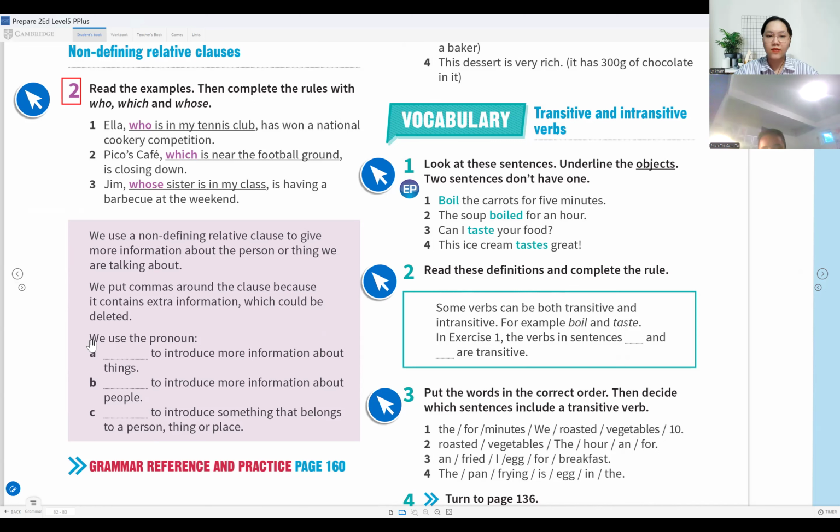We use the pronoun which to refer to things.